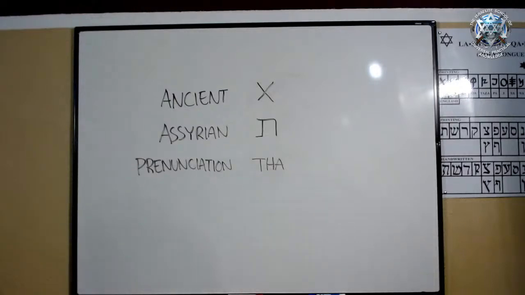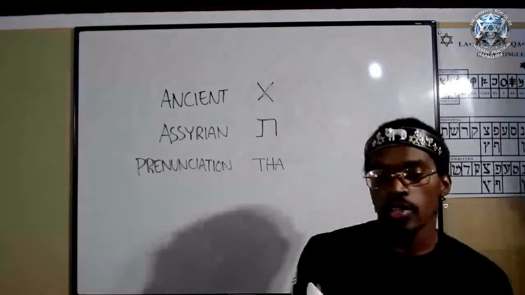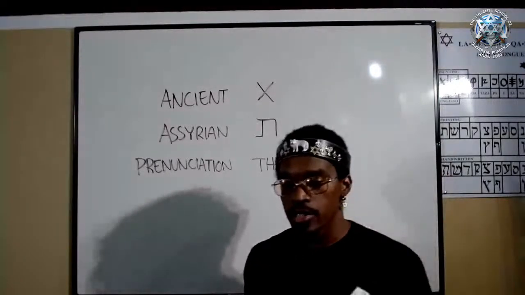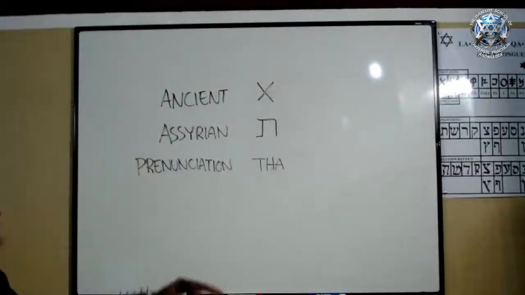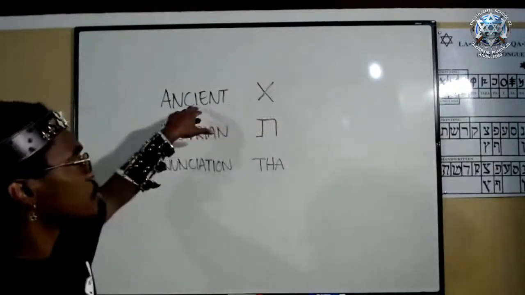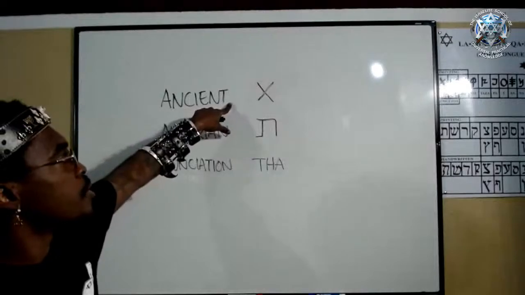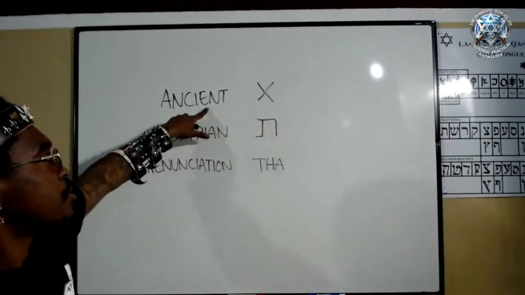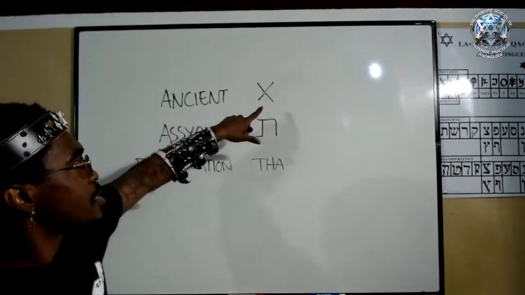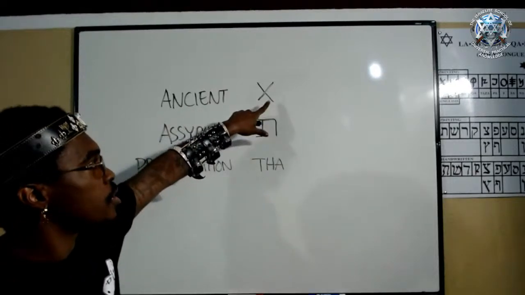All right, so these were all the characters of the ancient Hebrew alphabet and the Assyrian Hebrew alphabet. The ancient just means this is the alphabet before the Babylonian captivity. This is how our language looked before our captivity in Babylon.